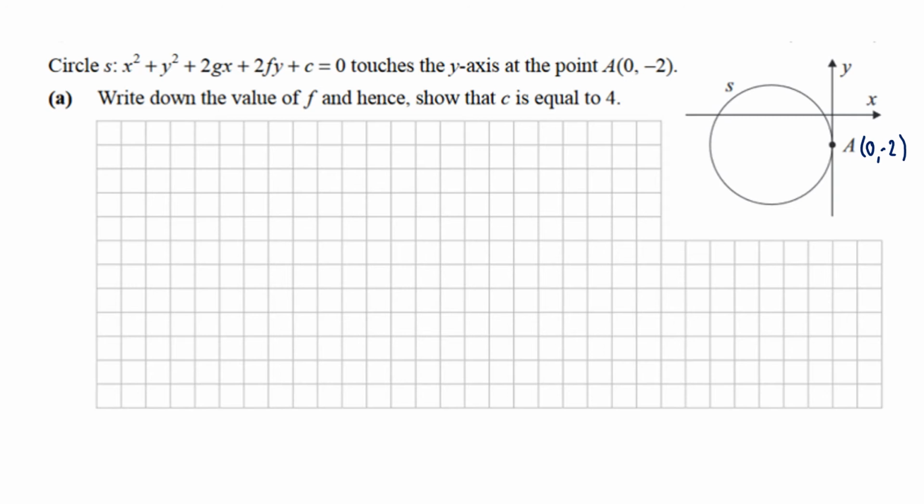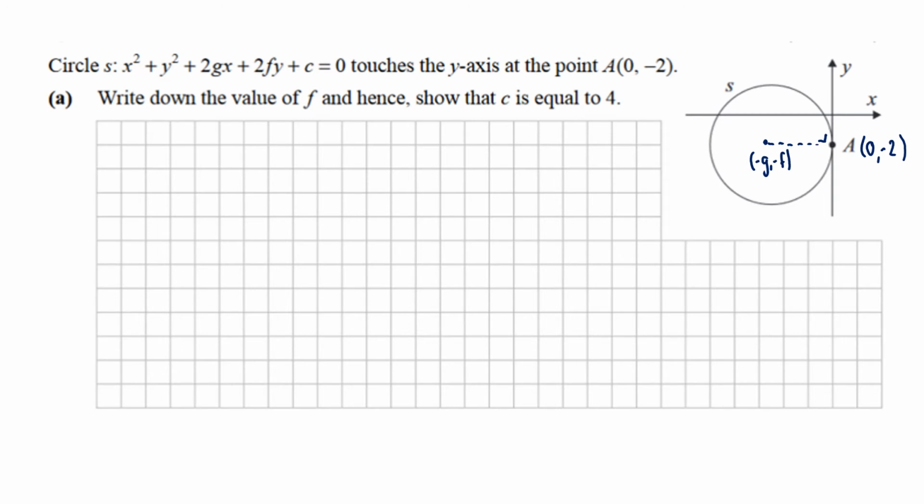So the first thing I'm going to do is put my center point into this circle. And that center point is given as (minus g, minus f). Now, because the y-axis is a tangent to the circle, we can draw a line from the center to A, and it will be at right angles to this tangent.